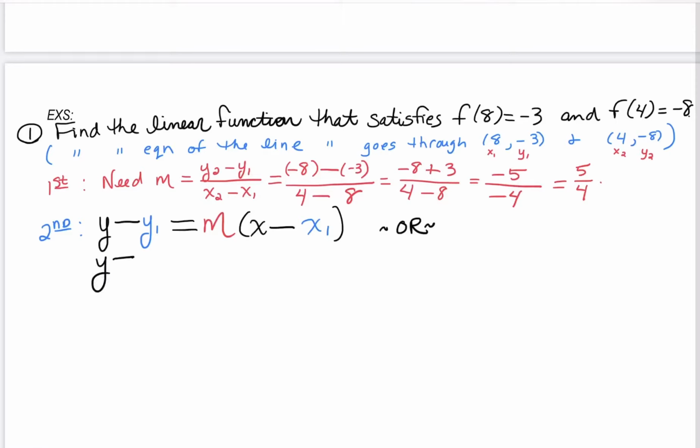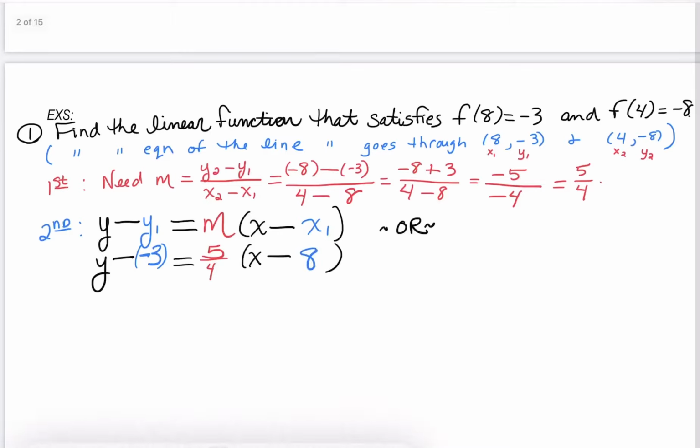I'll come to method 2 in a second, so let's stick with method 1 for right now. If I'm going to sub in, I can pick either point, so I'll just take that first one, (8, -3). So y minus the -3, that's the y coordinate, equals m, which we just found the slope was 5/4, times the quantity x minus the x1, which was 8.